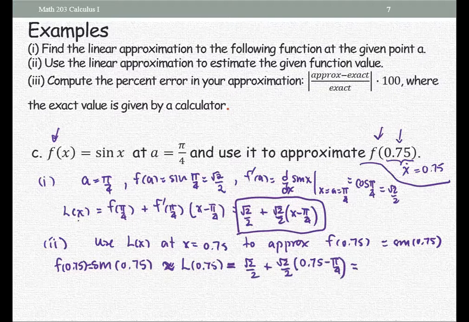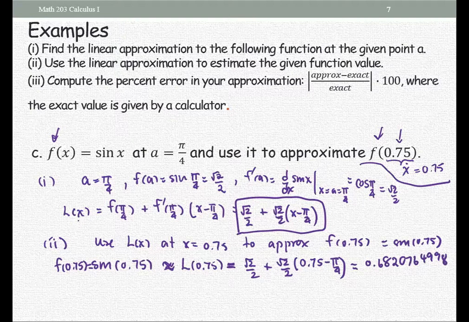We get 0.68207649998. You can check the number for me if you like. I make a mistake too sometimes. So we have the approximate value, the Lx, this is the approximate. Okay, let's see if we are okay or not with this approximation.